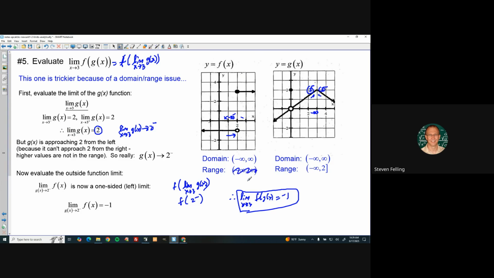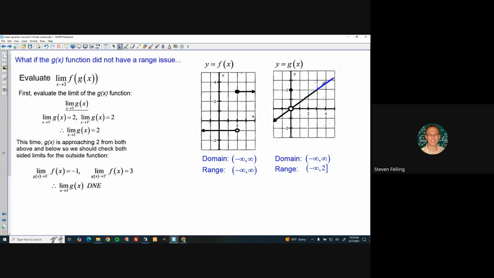Actually, you only get the numbers -1 or 3 out as the range. Those are the only possible output values, okay? And over here, the domain is any numbers from -infinity to infinity, but the range only goes from -infinity to 2. It never gives values above 2, so you can never approach this value from above 2. Right, so a lot of tricky issues here.